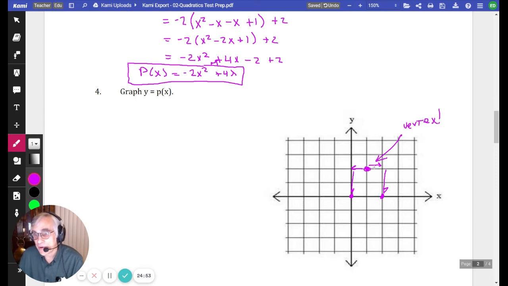If we go over 2 units from the vertex, we should be going down 4 in the parent function, but this is stretched by a factor of 2, so it's going to go down 8, somewhere down here. And 2 units to the left of the vertex, same thing, symmetrical. We have another point down there. So we can sketch the graph.